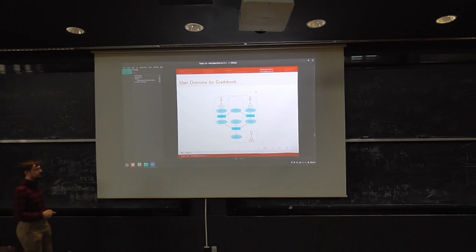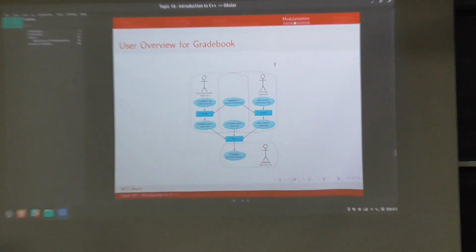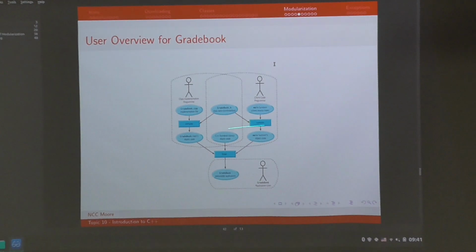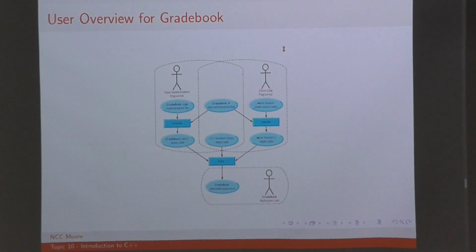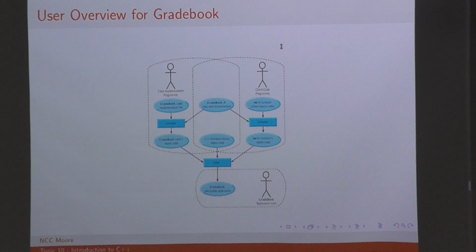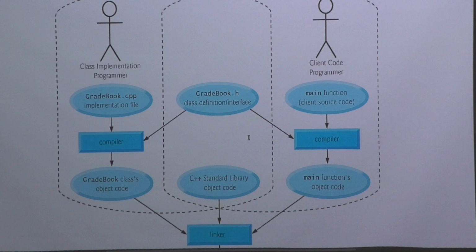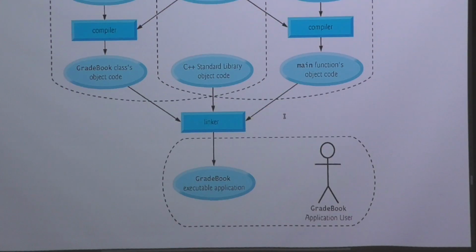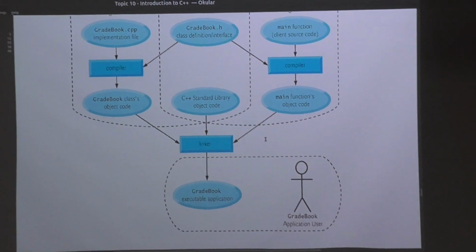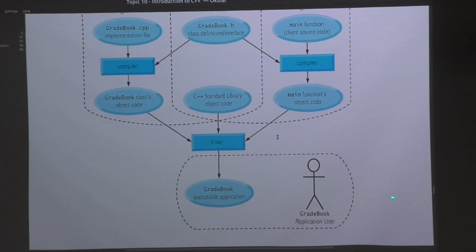So here's an overview of what the various people would be responsible for in gradebook software development, up to and including the files they're working on. So, let's start, as all things should, with the end user.